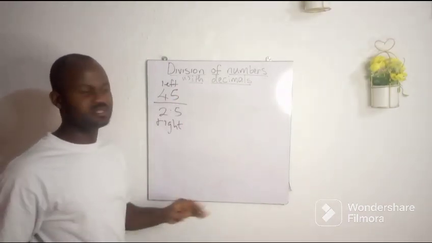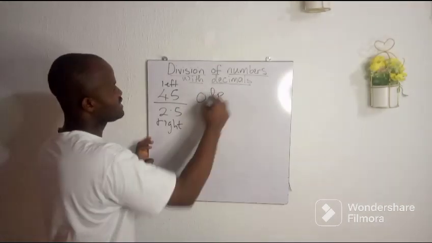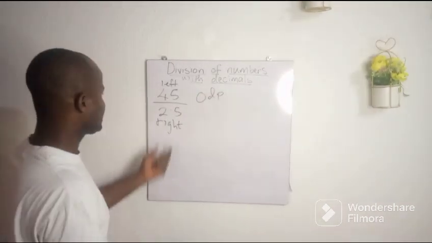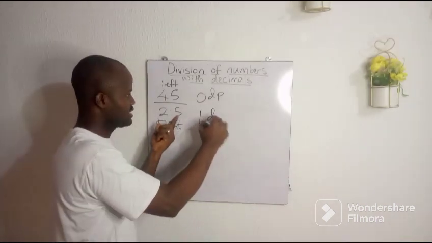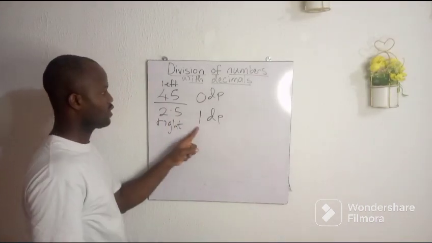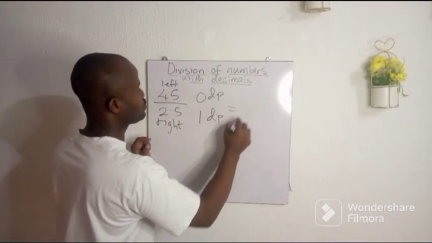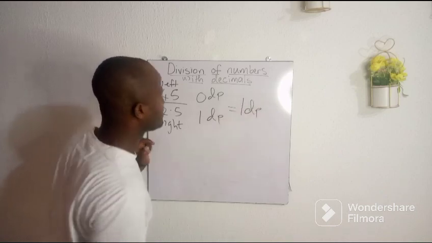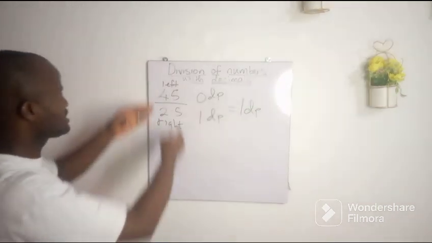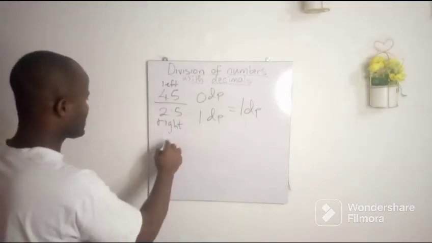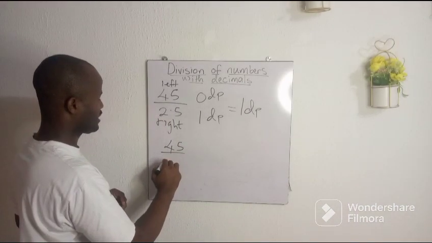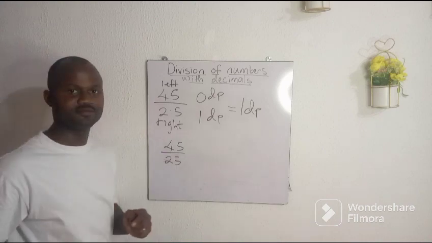There is no decimal place, so you put 0 decimal places. How many can you find here? It's only 1 decimal place, so we put 1 decimal place. So 1 minus 0 gives you 1. So we keep that. And then we treat these as whole numbers. Already 45 is a whole number, so we have 45 over 25.